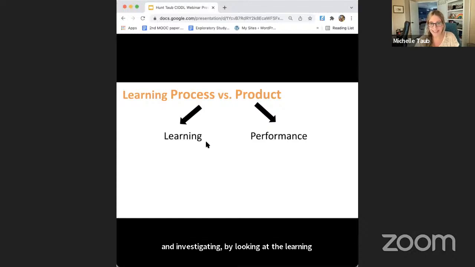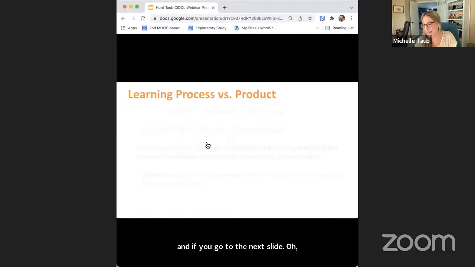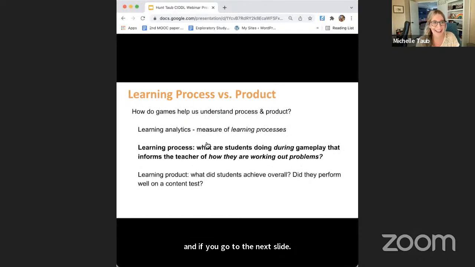And if you go to the next slide. So how can we investigate both the learning process and the learning product in games? This is where gameplay analytics come in, and I'll talk about it even more after. We're planning on capturing students' gameplay analytics, which basically measures their learning processes during gameplay.